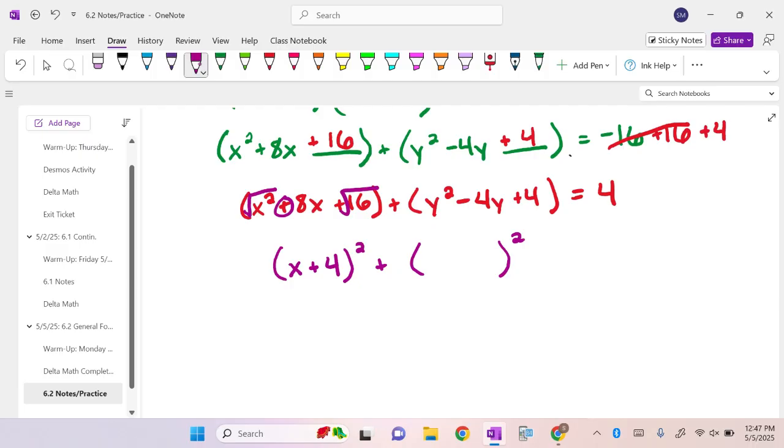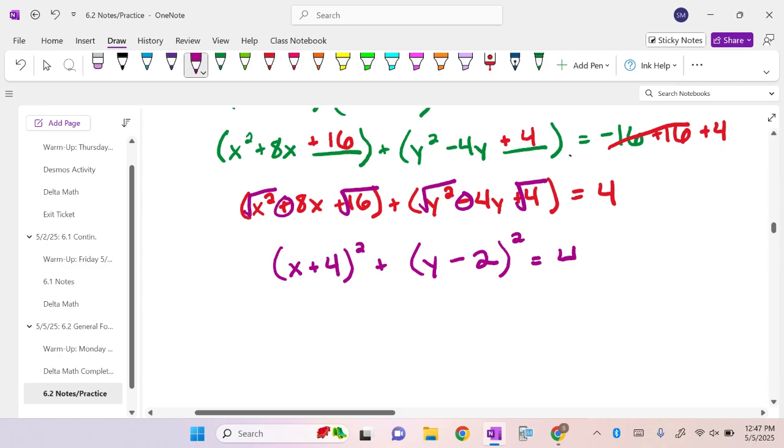What about my y's? Y minus 2. Square root the first, keep the sign of the second, square root the third. So this would be y minus 2, and it's all equal to 4. So there's my standard form. Again, this is now in standard form.